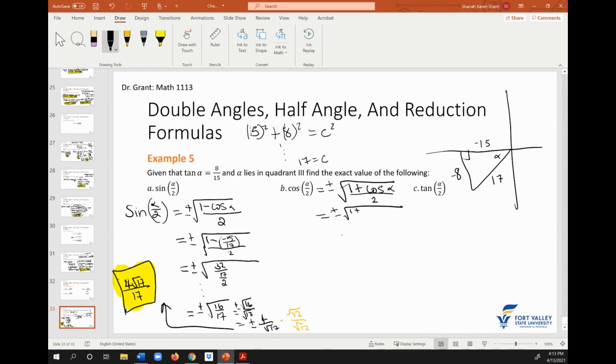Cosine alpha is going to be negative 15 divided by 17, divided by 2, all under the square root. Once you simplify, just the way we did the previous one, you should get negative root 17 divided by 17.